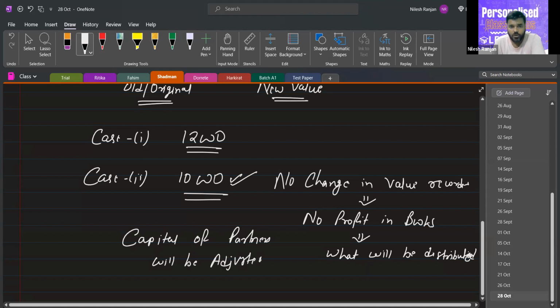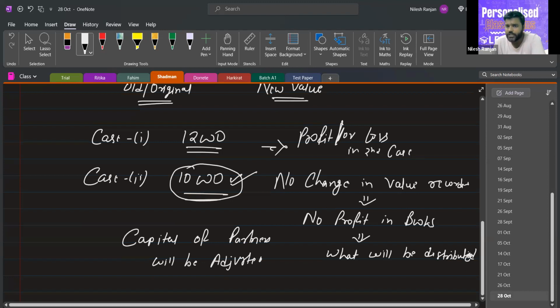So in this case also, we have to record our assets at the new value, okay, no problem. But we will calculate profit or loss, in both the cases. In the first case, we have to calculate because we have to distribute it. But in the second case, we will calculate so that the capital of partners can be adjusted.